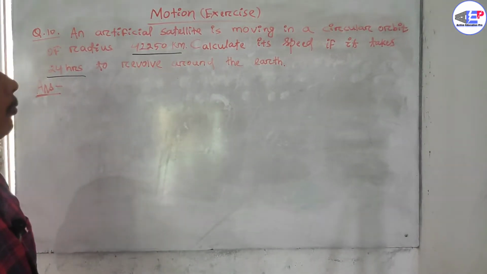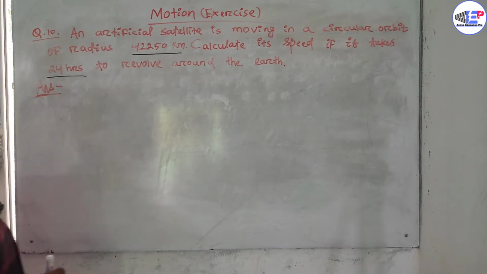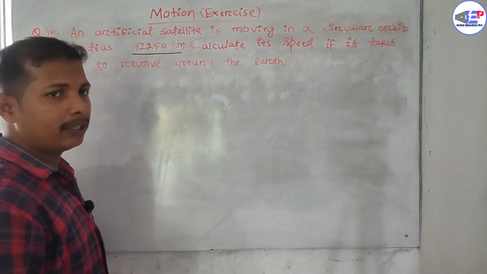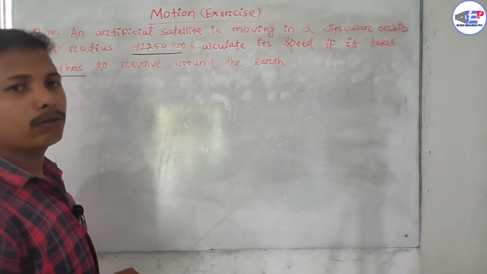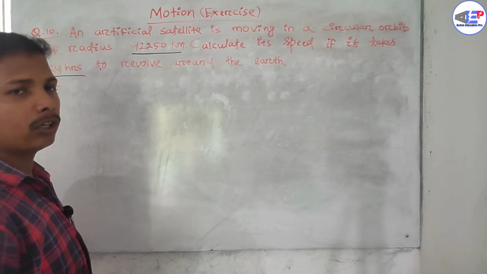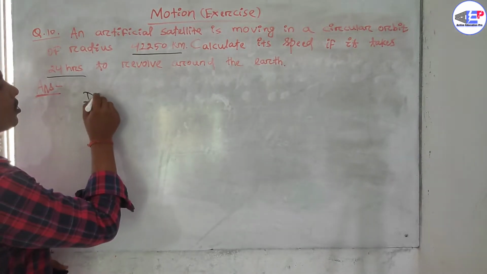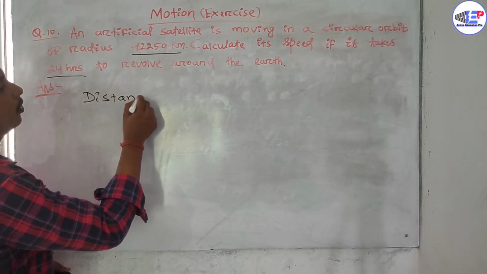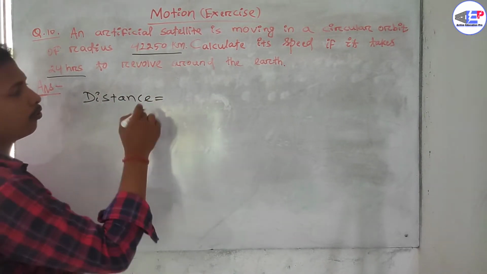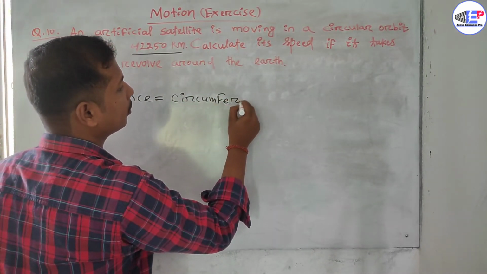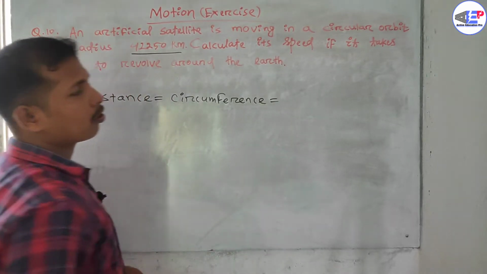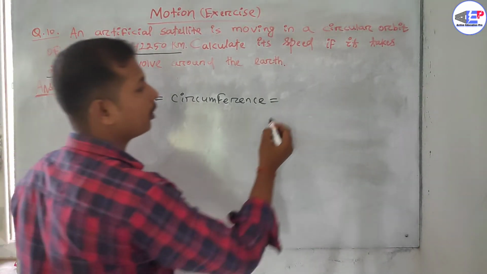Here the satellite moves in a circular orbit. That means the distance covered by the satellite will be equal to the circumference of the circle. So distance will be equal to the circumference. We know that the circumference of the circle is 2 pi r.